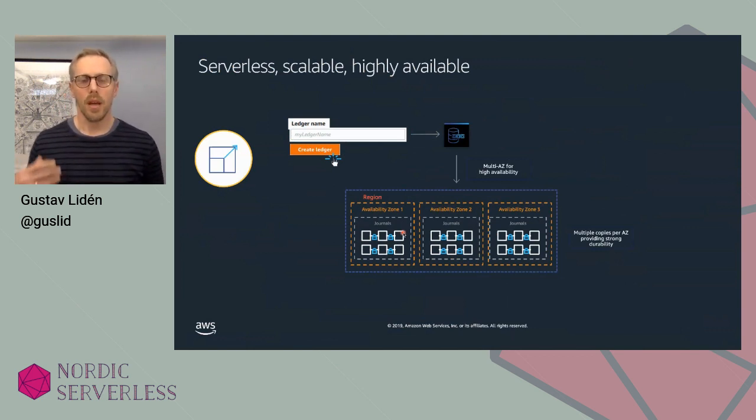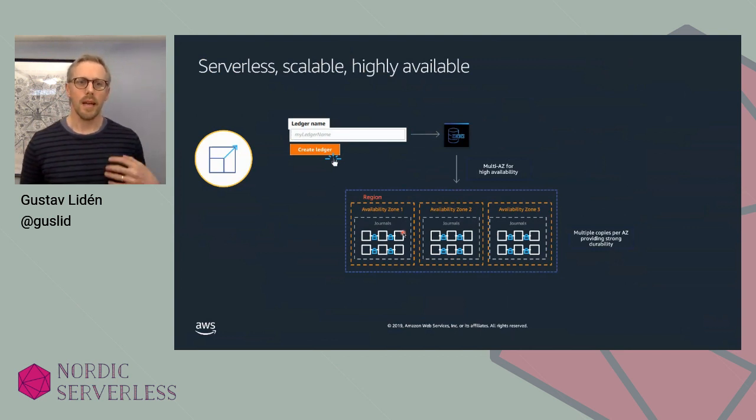The ledger is then instantiated in the region of choice, and using all three of the availability zones, providing a high availability setup, and also making sure to store whatever data you want to store in multiple copies, so that you achieve a really strong durability. So you can rest assured that the data has a very, very low probability of disappearing.